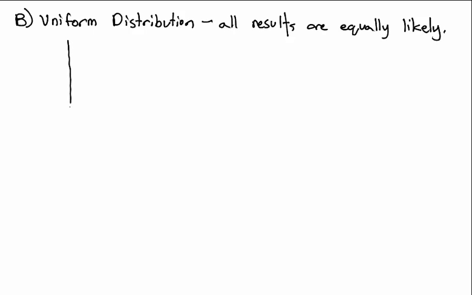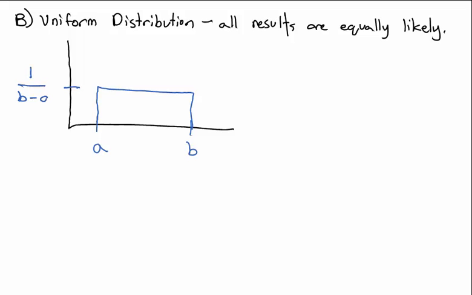The idea is we're going to have a graph that looks like this, and we'll have some minimum value A and some maximum value B, and because all results are equally likely, we're going to end up with a rectangle. The height of this rectangle will always be 1 over B minus A. In fact, that's the probability density function, 1 over B minus A, because that will always be the height of this rectangle.